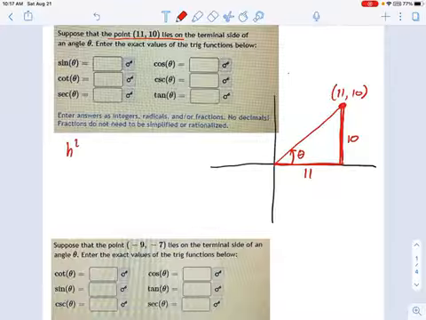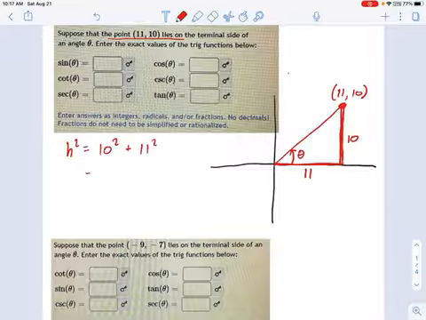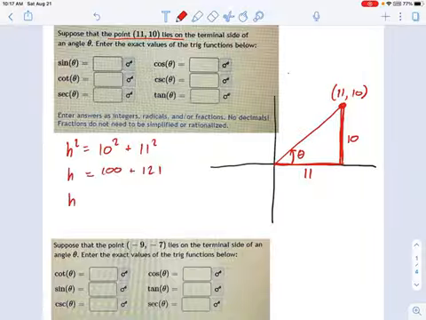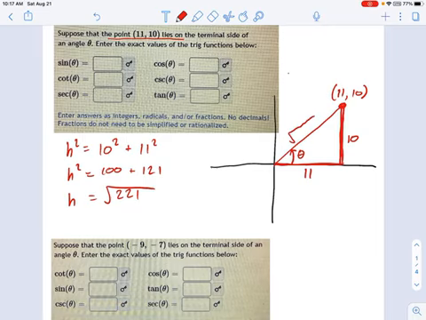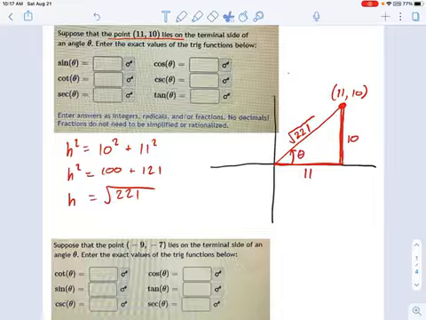That tells us that h squared equals 10 squared plus 11 squared, which is just 100 plus 121. So that means h is the square root of 221. We can put that right here.